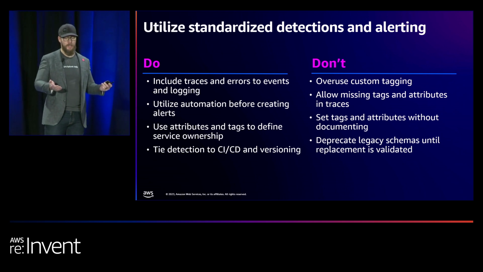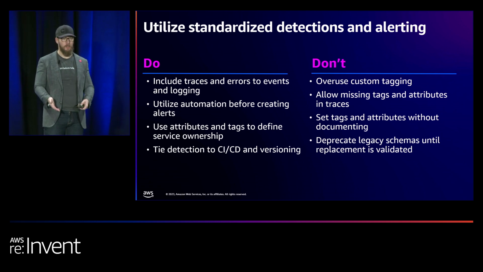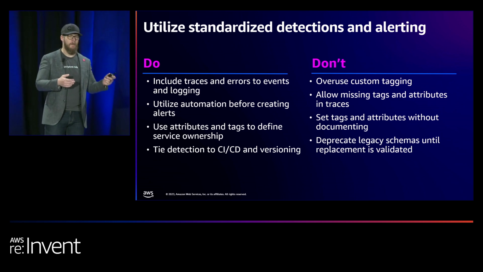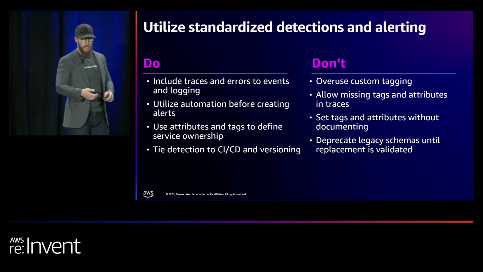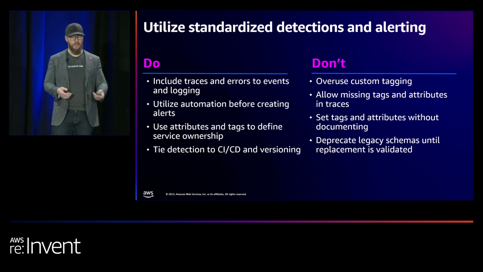Use attributes and tags to define service ownership. So again, attributes and tags, it's not just so you can tie your applications and infrastructure together, it also defines who is going to be the responsible party for that. So let's say you have a version that was just pushed out, you know who to go talk to if that's causing adverse conditions. And then tie detection to CI/CD and versioning.